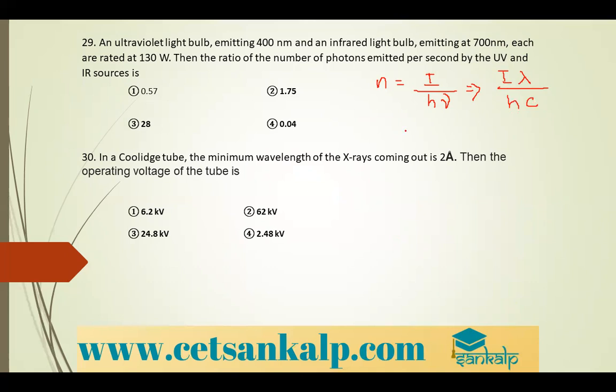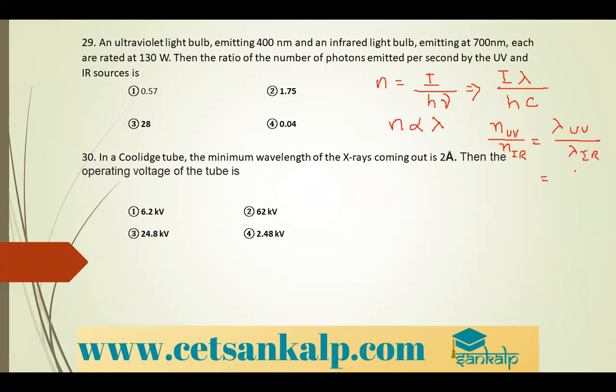So you can say N is directly proportional to lambda from this equation. So N UV divided by N IR is equal to lambda UV divided by lambda IR.